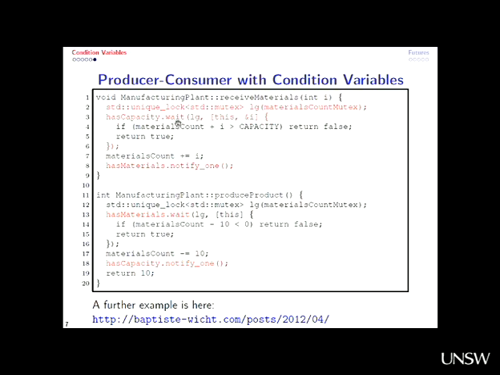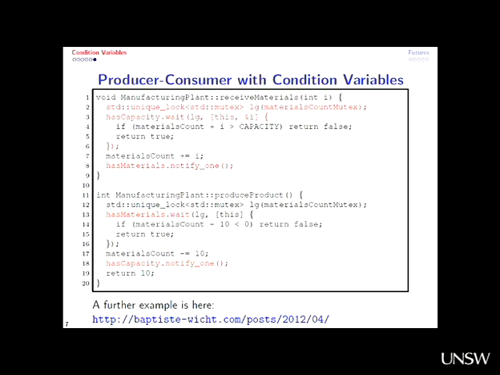We're giving that unique lock into the wait function, so it knows to lock or unlock it. And then we have something that's going to be true or false to tell us if we should proceed.